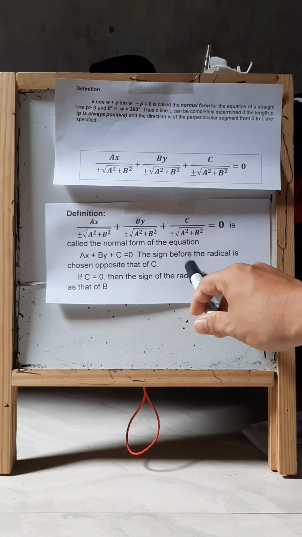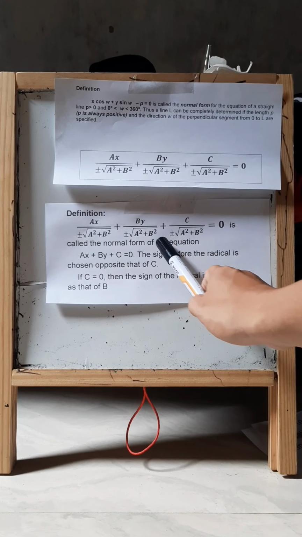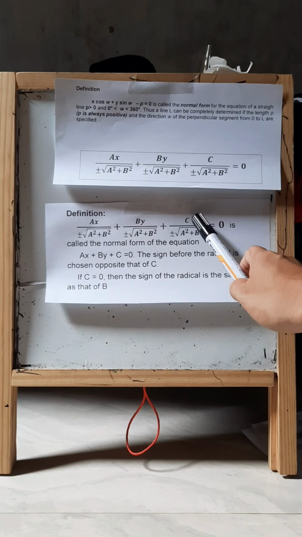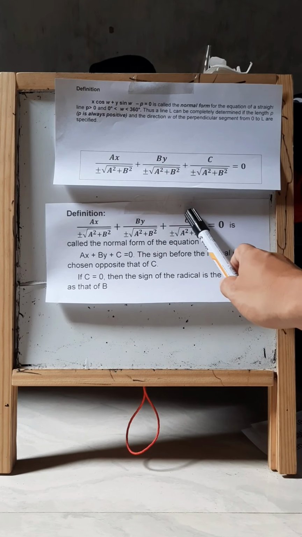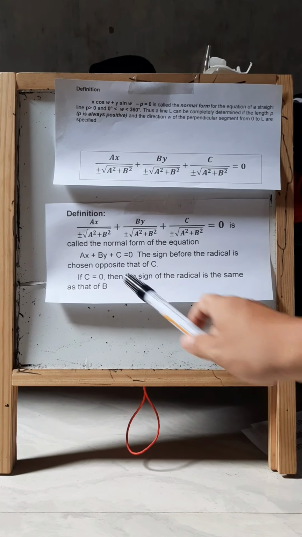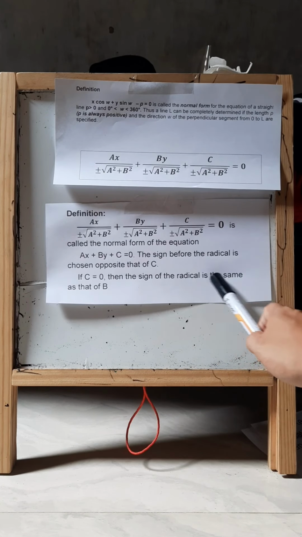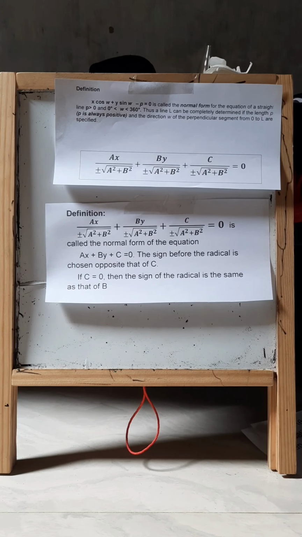Now, what is the sign of the denominator here? It says positive or negative. It depends on the sign of c. If c is positive, the denominator is negative. If c is negative, the denominator is positive. But how about if c is 0? Then the sign of the radical is the same as that of b. We're going to choose b. Okay, that's the rule. So let us now learn how to reduce an equation to normal form.